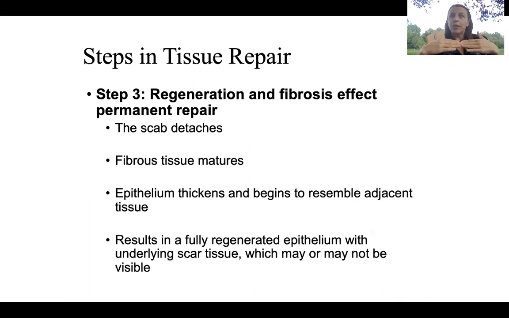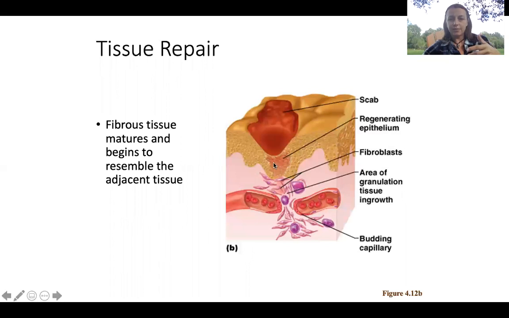So if you can also picture when an injury is starting to heal, it has a pinkish appearance or a thin skin appearance, if you will, for lack of a better term. It's later in stage 3 that it starts to look like itself again. There's scar tissue in the underlying part down here. So it's not exactly the same tissue, it's regenerative, but there was damage and this tissue becomes weaker.